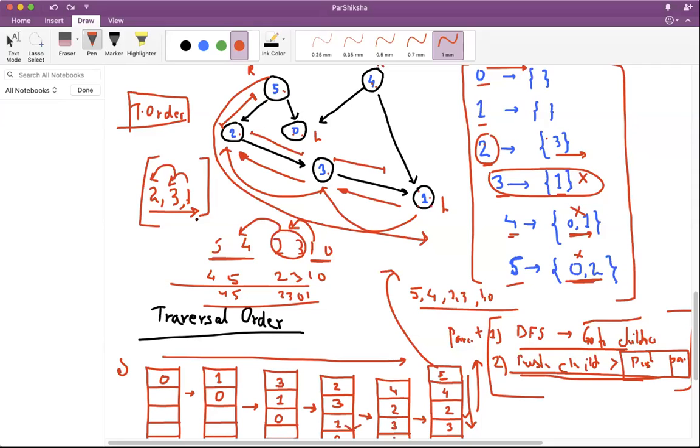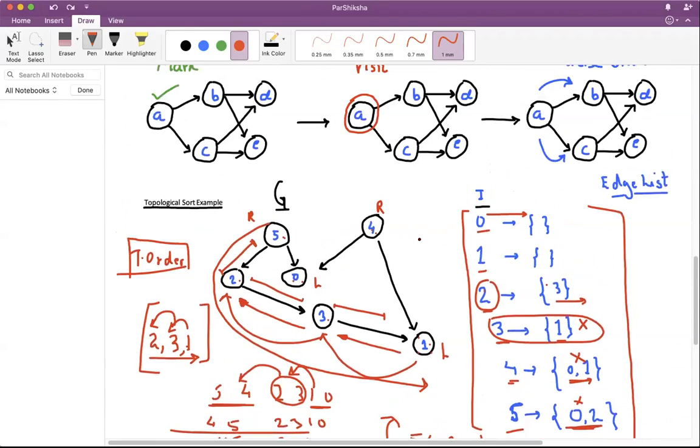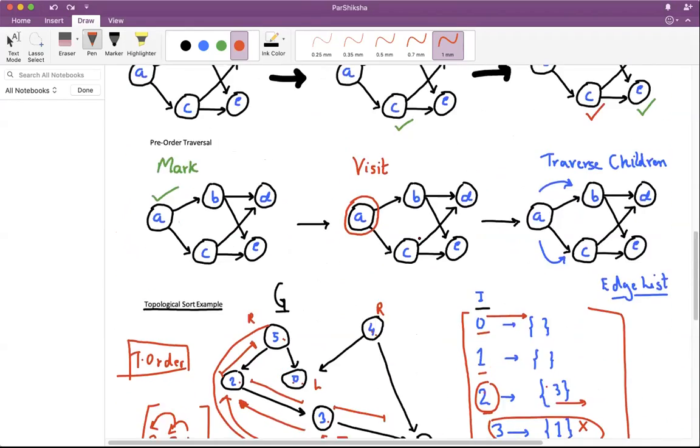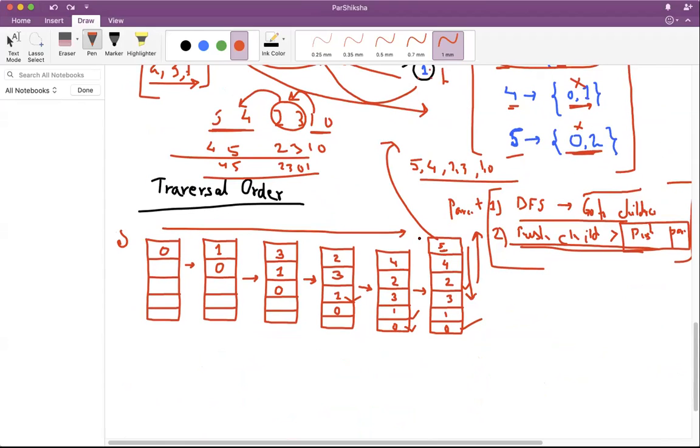So that's how the fundamentals are built. When you are clear with the basic algorithms, then you can understand these more complex ones a little more easily, right? So that pretty much concludes today's session.